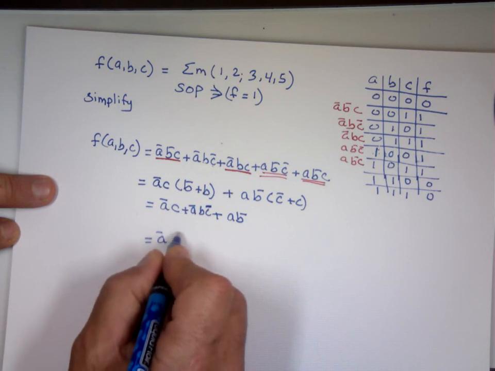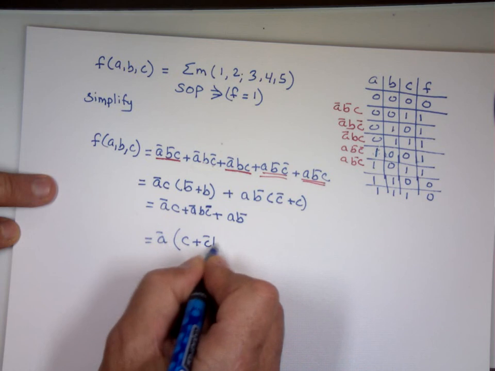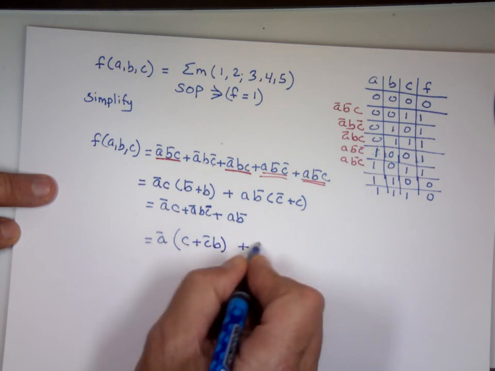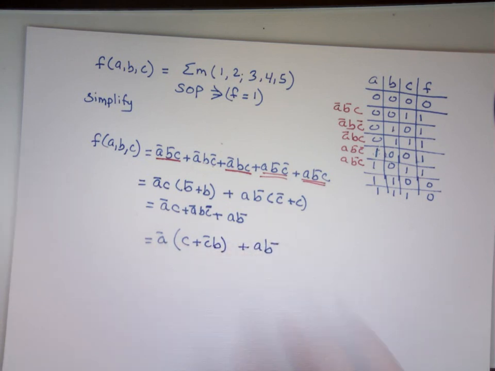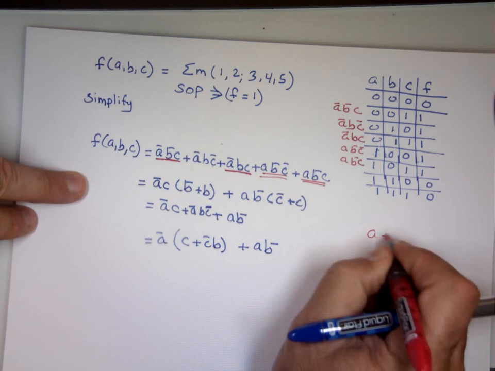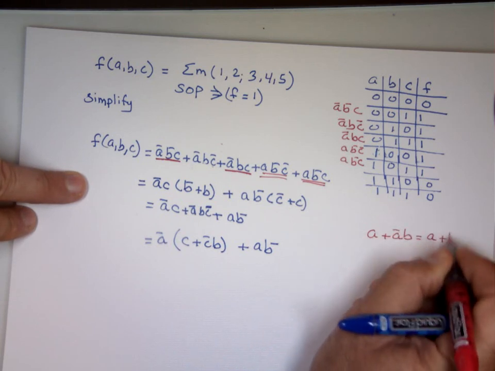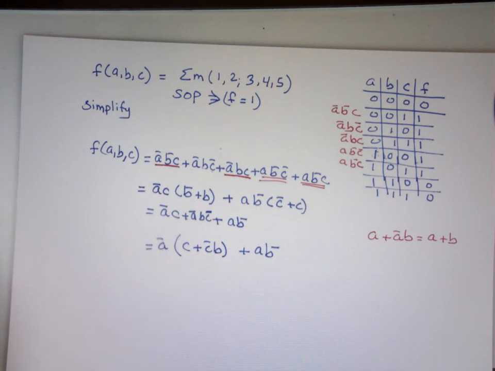C plus C bar B. And there is an identity for this. Remember that identity? A plus A bar B is equal to what? A plus B. I can use that here and make that what? C plus B.